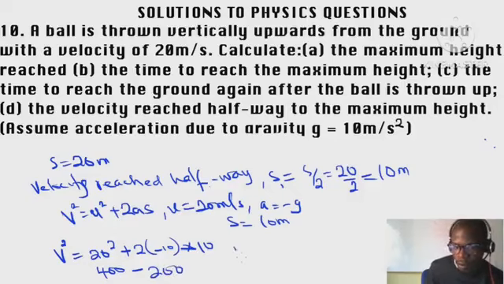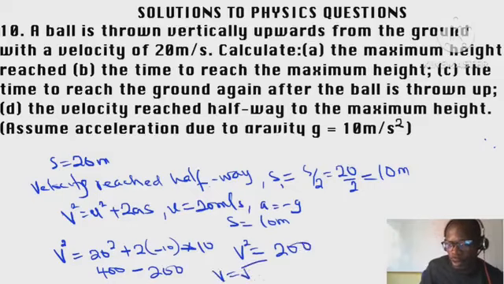So therefore, v square equals 400 minus 200, that is going to be 200. Then v equals the square root of 200, and that gives us 14.14 meter per second.